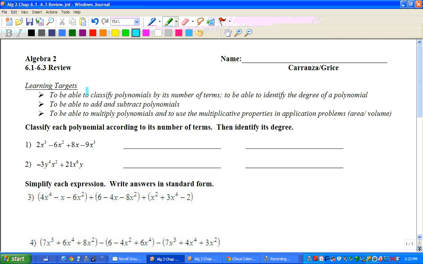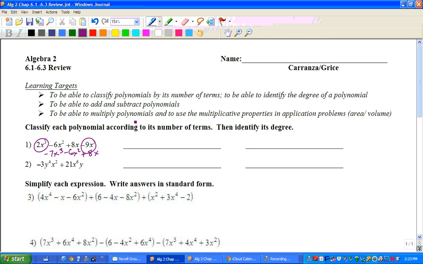Number 1 and 2, the directions say to classify each polynomial according to its number of terms, then identify its degree. So, number 1, you might be like, oh, well, take a look. 1, 2, 3, 4, it's a polynomial. Well, what's up with those two terms right there? Aren't they the same? So when we rewrite that after we combine those guys, it's negative 7x cubed minus 6x squared plus 8x.